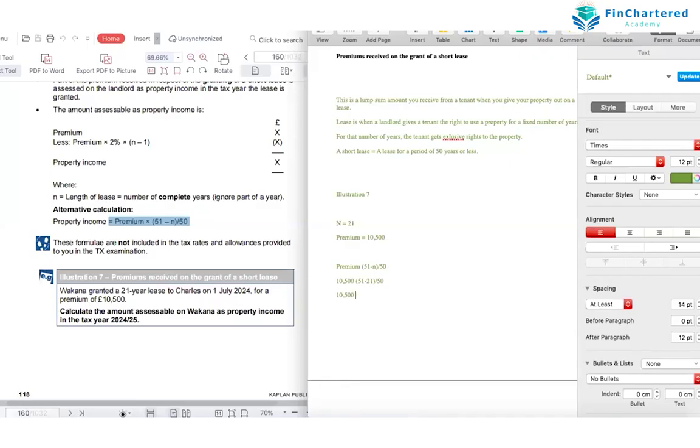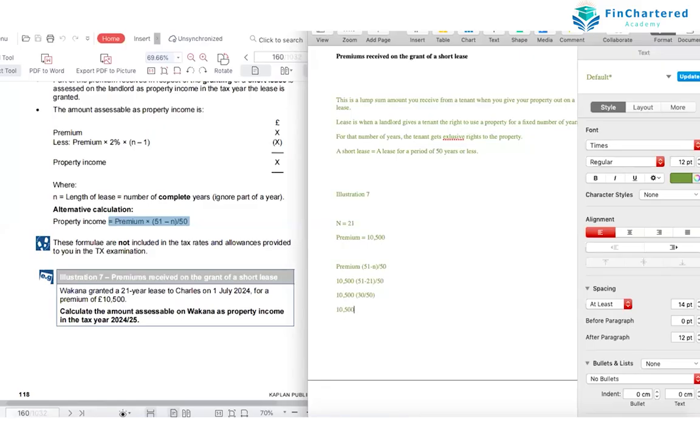So it's going to be 10,500 into 30 divided by 50. 30 by 50 is 0.6.